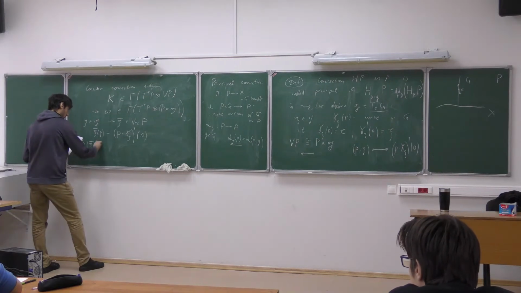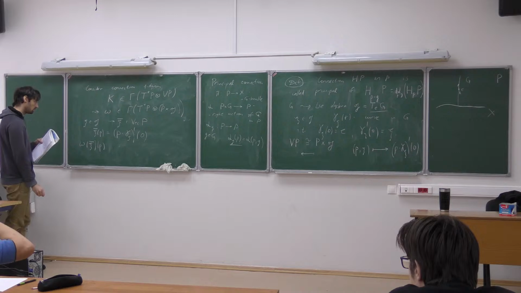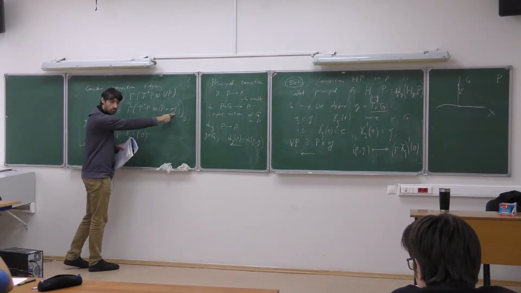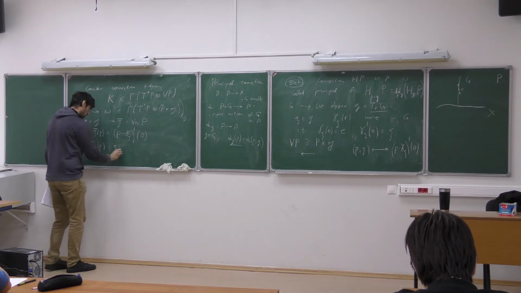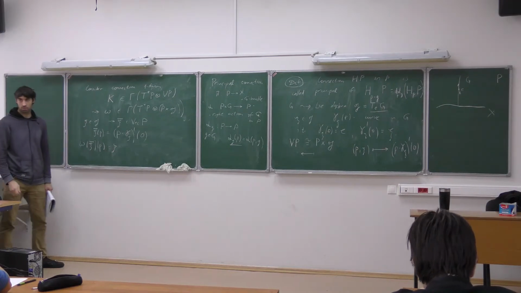If I put this into point P, I will get an element in G. So this will be just Xi. This just follows from construction.